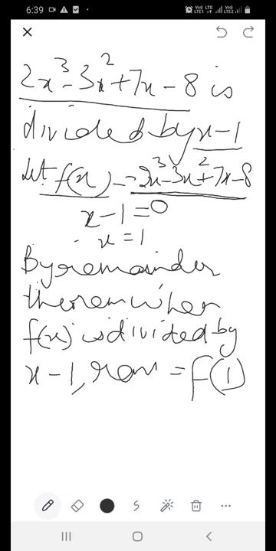Whatever value of x you get, you put it in this polynomial. So whatever the value of f(1) is, that will be the remainder.